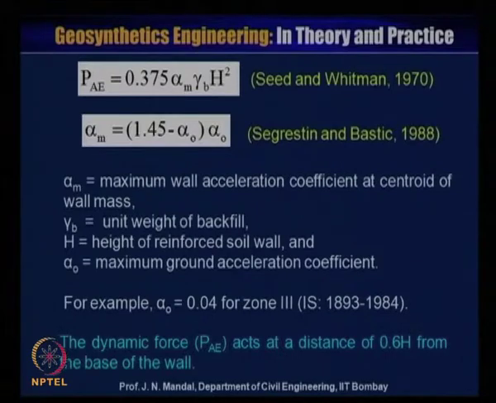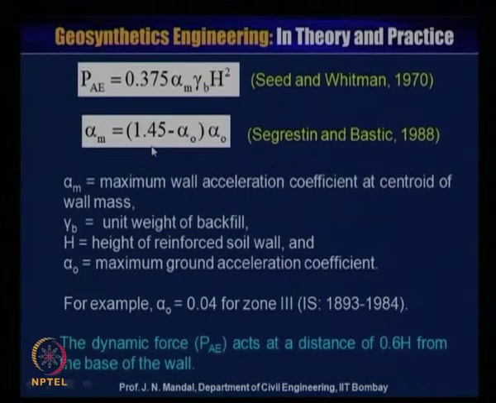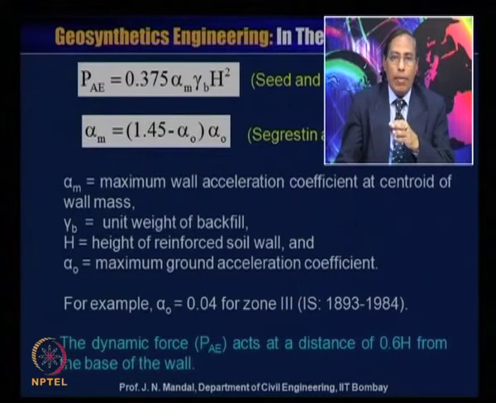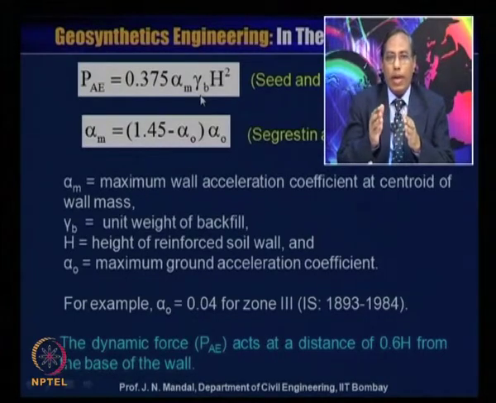Then alpha m is equal to 1.45 minus alpha 0 into alpha 0, from Segrestin and Bastick 1988, where alpha m is the maximum wall acceleration coefficient at the centroid of the wall mass, gamma b is the unit weight of the backfill, and H is the height of the reinforced soil wall. Here alpha 0 is the maximum ground acceleration coefficient.